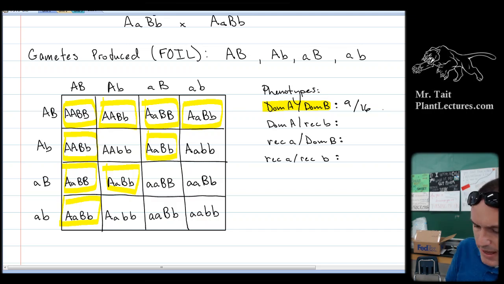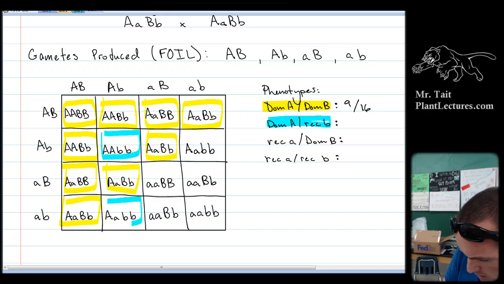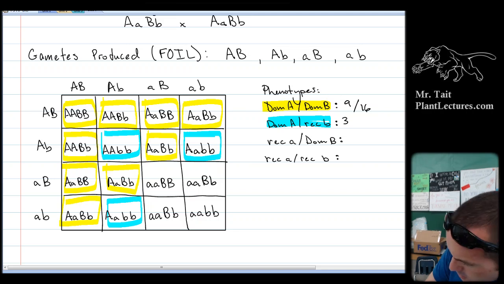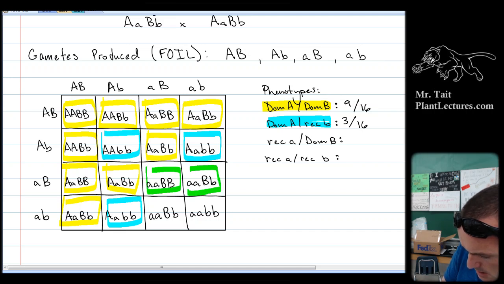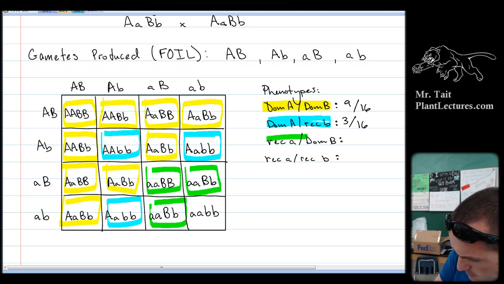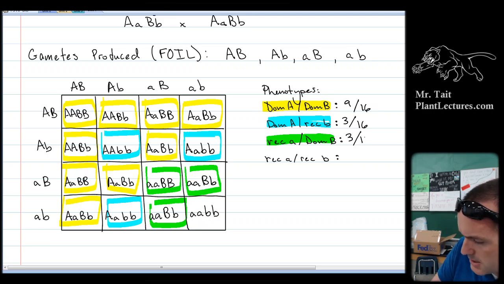Next one is dominant for A, recessive for B. So dominant A, recessive B, dominant A, recessive B, dominant A, recessive B. So that would be 3. 3 out of 16 would have that. And then I got recessive A, dominant B. So that's this guy, and this guy. So that's, again, 3 out of 16 for that.